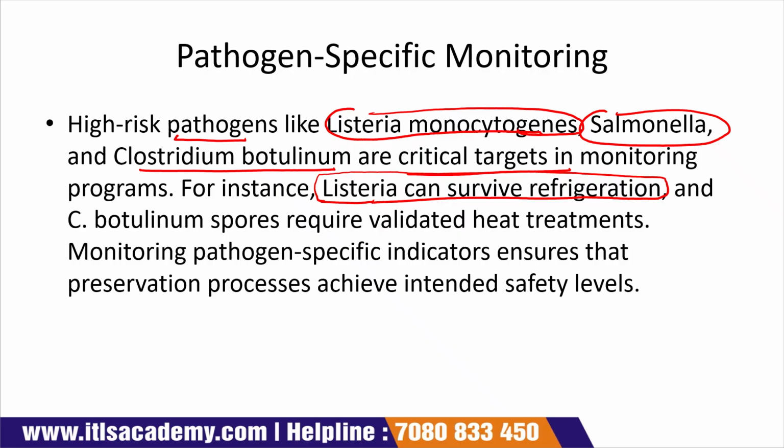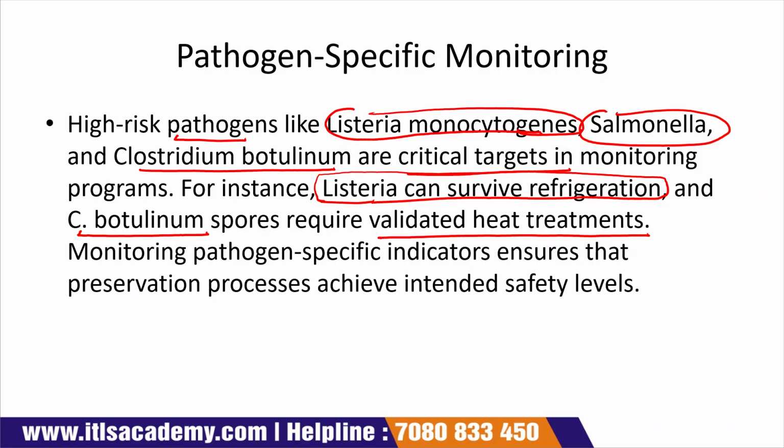Now the next is Clostridium botulinum. The spores of Clostridium botulinum are required for the validation of the heat treatment. Okay, suppose that you do food preservation by applying a heat treatment. Then you test whether the microorganism Clostridium botulinum is present in the food product.